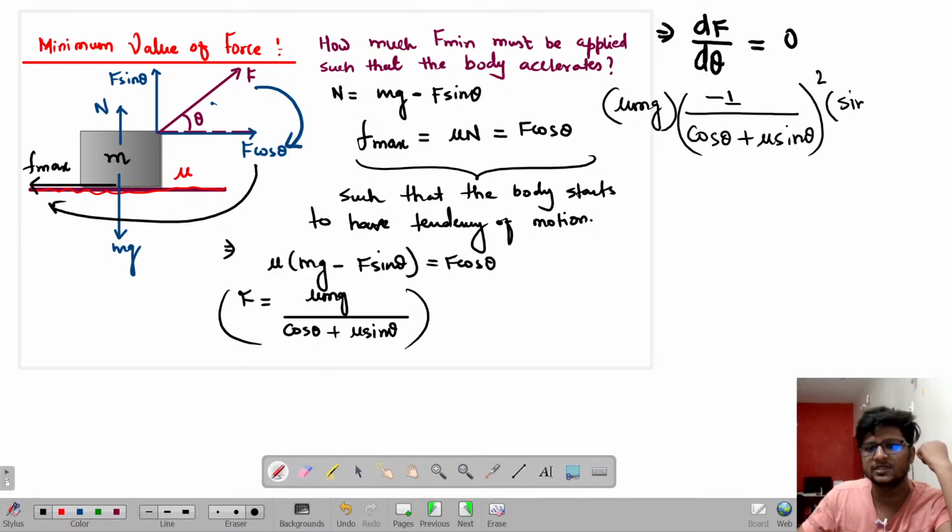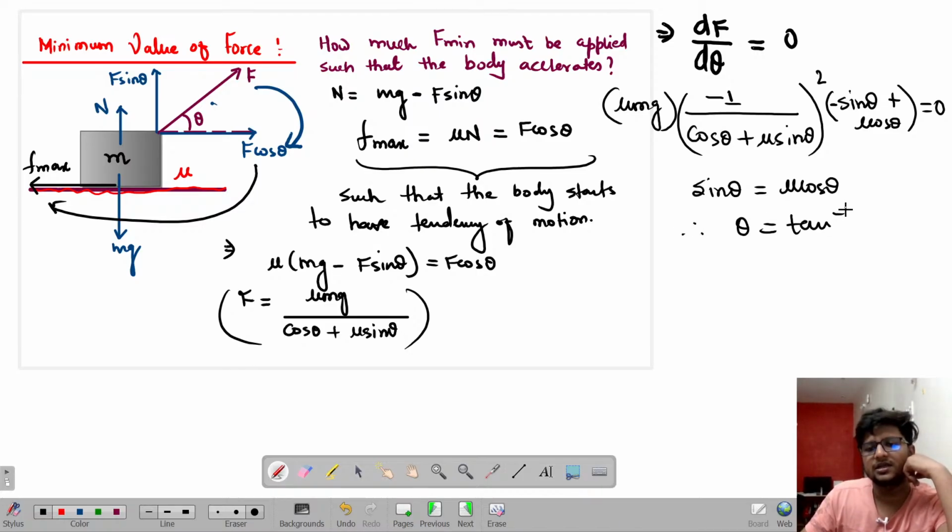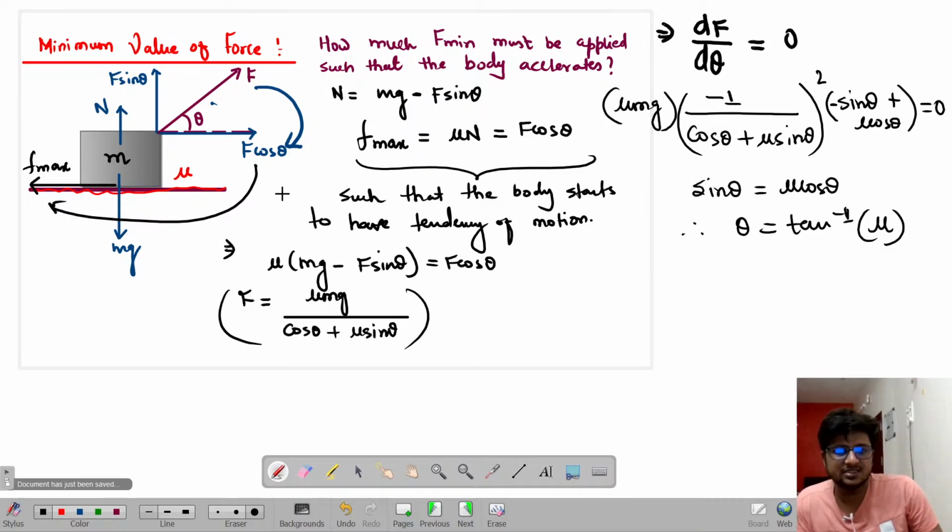Cos theta is basically minus sin theta, plus mu sin theta is mu cos theta, and that is equal to how much? 0. So this whole term can be sent over there and can be made equal to 0. So sin theta is basically equal to mu cos theta, which means that I need theta is equal to tan inverse mu. This is the state of F minimum, that is correct.